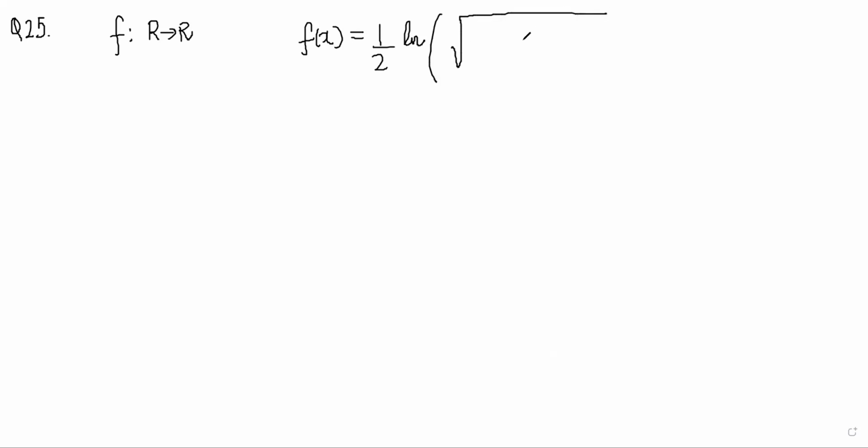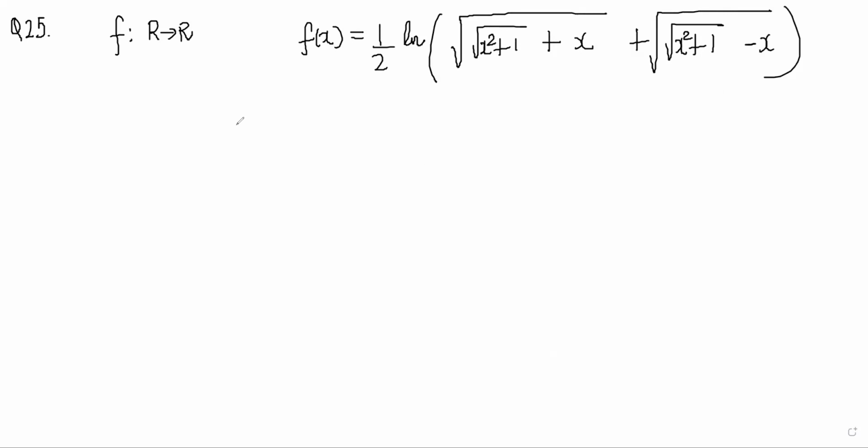The next one, a function is defined and you have to find whether it is 1-1, onto and so on. F is defined from R to R, and f(x) is given as half ln of root over x square plus 1 plus x, over root over x square plus 1 minus x.